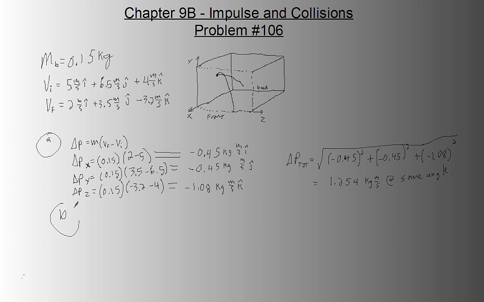Part B, well, part A wants the change in momentum. We got that. Part B wants the impulse. Impulse is a change in momentum, so same answer. Part C, J of the wall has to equal J of the ball, but the ball is pushed back this way and up and over.